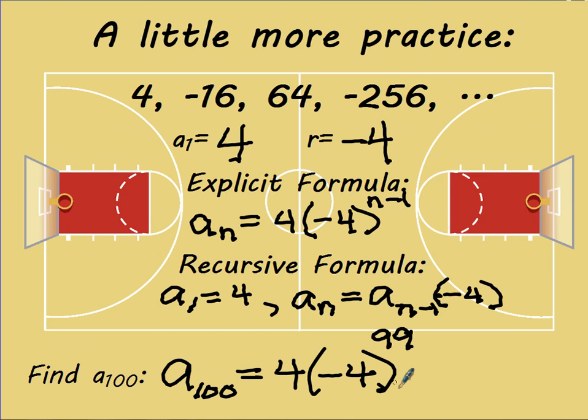And actually this is going to give us a number that's too big for your calculator screen. It's actually going to be too big for me to write on this screen because it's going to have upwards of 16 or 17 digits to it. So we won't actually solve this one, but this will help you know how to write it so you can put it in your calculator later.